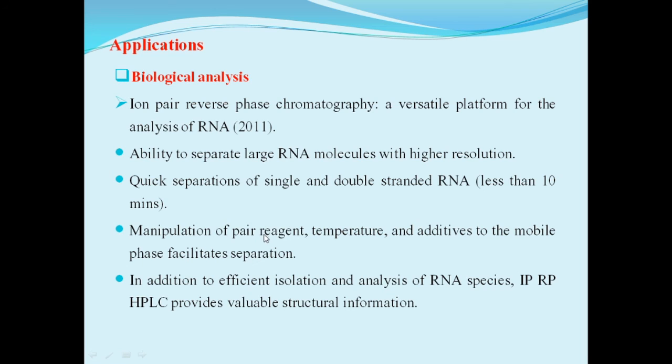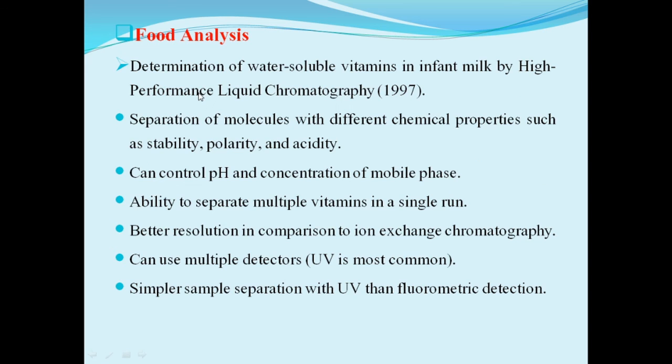Manipulation of ion pair reagent, temperature and additives to the mobile phase facilitates separation. In addition to efficient isolation and analysis of RNA species, ion pair reverse phase HPLC provides valuable structural information. These are the applications in biological analysis.